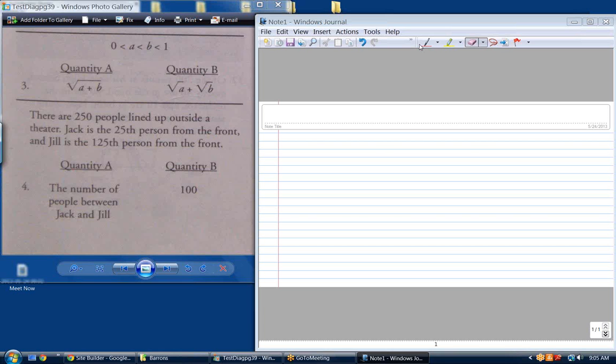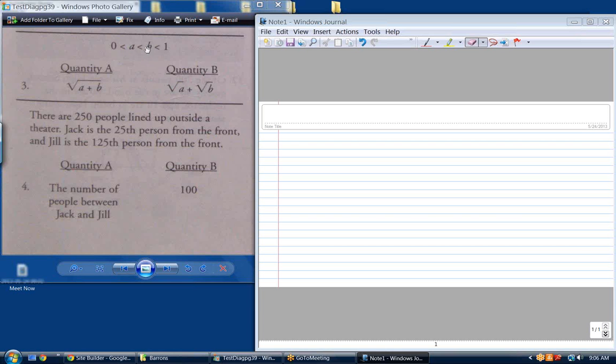Now this one wouldn't be very tricky if they said A and B were greater than 1. Because then it'd be simple enough to just pick some numbers, like 9 plus 16. We know 9 plus 16 would be 25, the square root of that is 5, and yet this would be 3 plus 4, so this would be bigger.